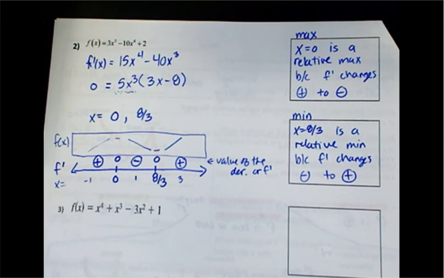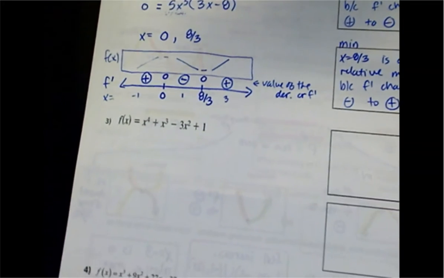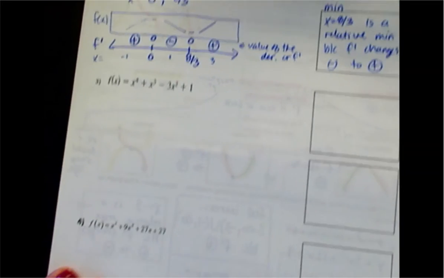So we're going to do number 3 and number 4. Okay, and then we have a different type of example to look at on the back. All right, so here we go. I'll give you some placeholders. See what you can do.